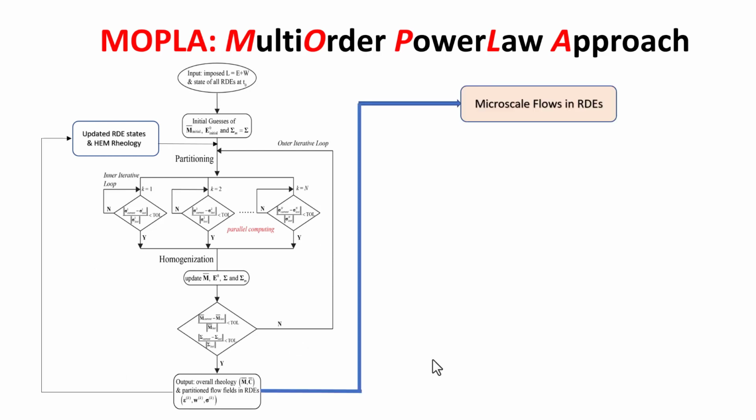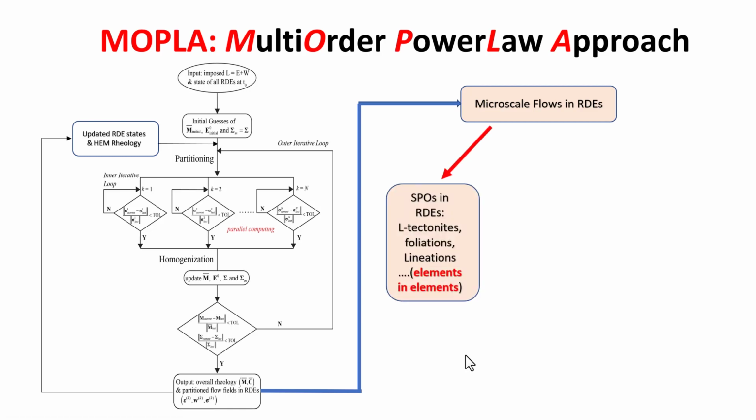The partitioned flow fields and the HEM rheology obtained this way can be exported for the investigation of fabric development in selected RDEs, such as the shape-preferred orientation fabric development in the RDEs, like L-tectonite development, foliation and lineation geometries.